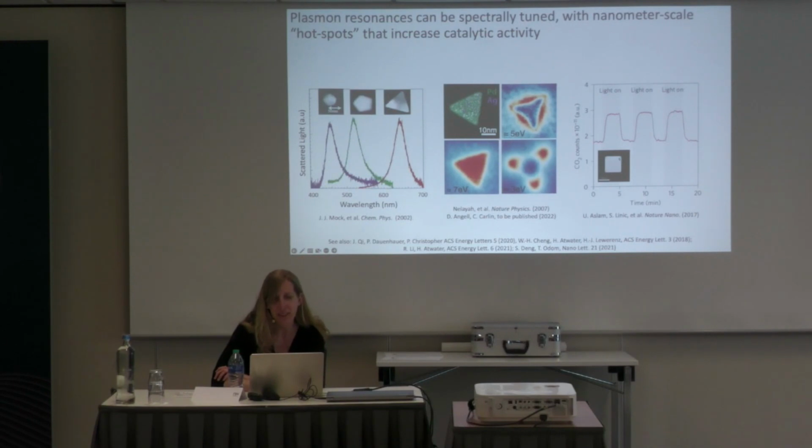Throughout the past handful of years, many people have shown that these plasmonic catalytic nanoparticles can allow for significantly increased catalytic activity. Here's just one example from Suljo Linic's lab at Michigan, where he was looking at CO2 reduction, and at the same temperature as thermal catalysis, when he turned the light on, he could see increased catalytic activity.